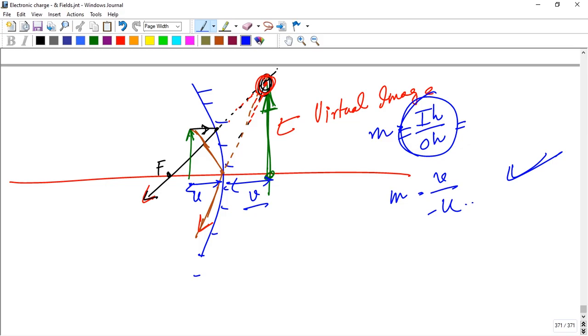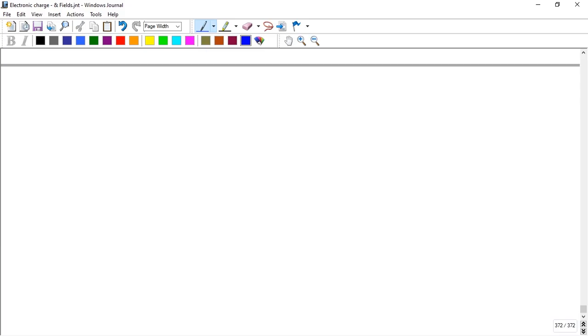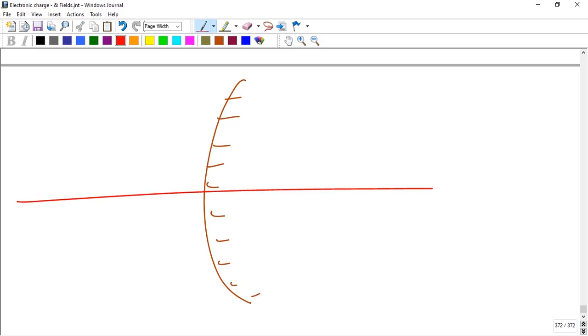Suppose we draw another virtual image made by a convex mirror. This is the convex mirror, and this is the principal axis. Here we place an object very far, at infinity. That's the incident ray. After striking, the rays go there, but as a dotted line here.